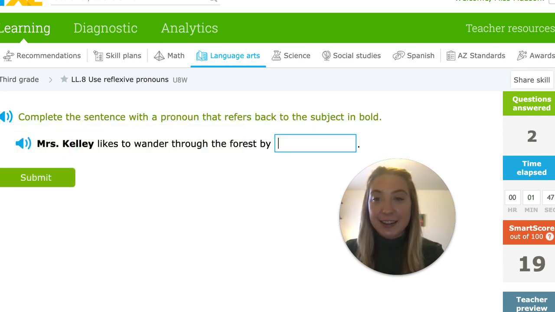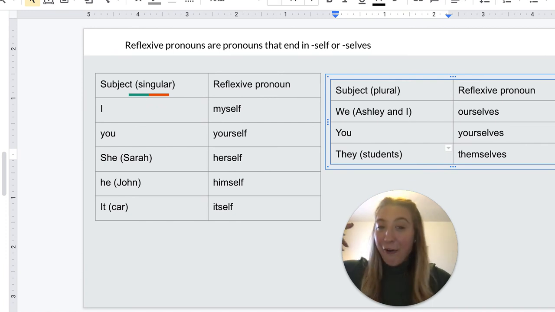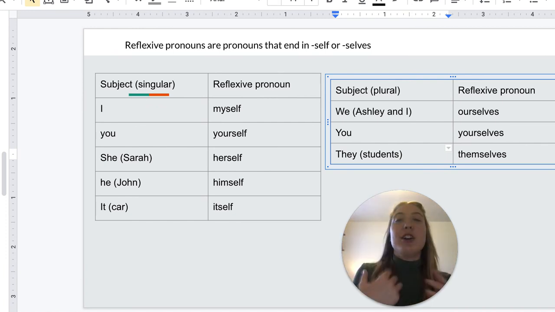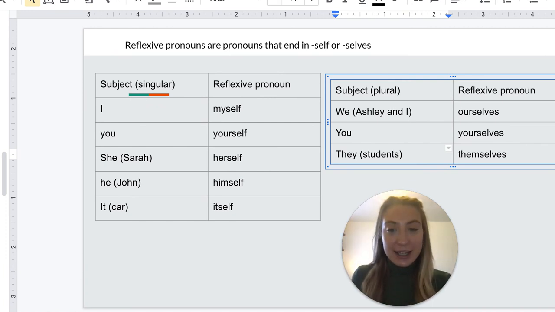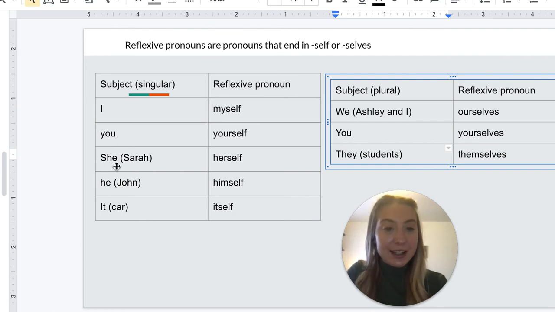All right, so our last time going over our reflexive pronouns. I just added a little bit in here. If we see she as a subject or a girl's name, we would say herself. If we say he as a subject or a boy's name, singular, himself. If I'm just talking about a random object, but one, I would say itself.